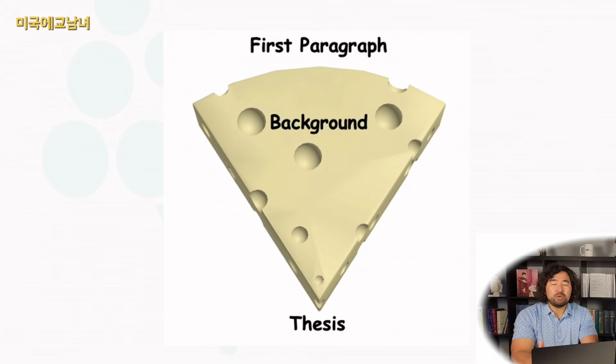You don't want to be too specific, but you want to make sure your background details are generally captured. And then as we go down and narrow towards the end of the introduction, there's the thesis. Thesis again is a single sentence that comes at the very end of your introduction.